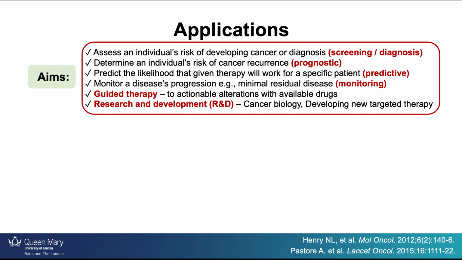Some cancer biomarkers can determine the risk of recurrence or aggressiveness of cancer, representing prognostic biomarkers. Moreover, they can predict the treatment response to a specific therapy as predictive biomarkers. Cancer monitoring to assess disease progression could be derived from methods of minimal residual disease detection.